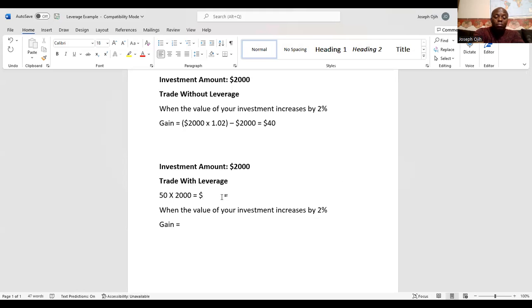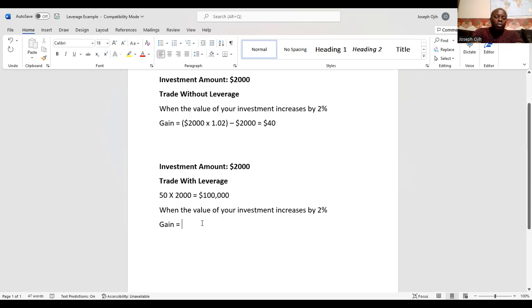Some might say 30, depending on the discount broker that you are using. So you borrowed $100,000 to trade, because you have $2,000, and they give you this amount as a loan. Of course, they will charge you some interest. So instead of trading with $2,000, you're trading with $100,000.